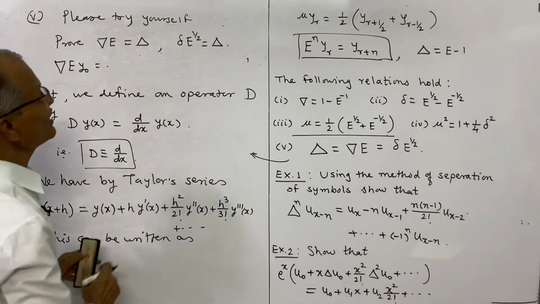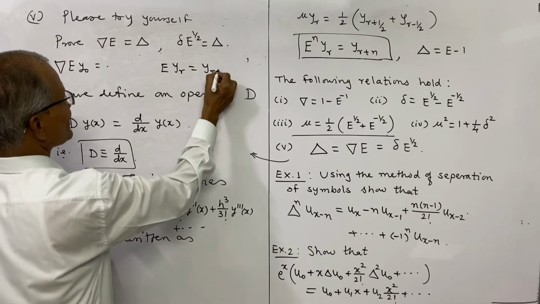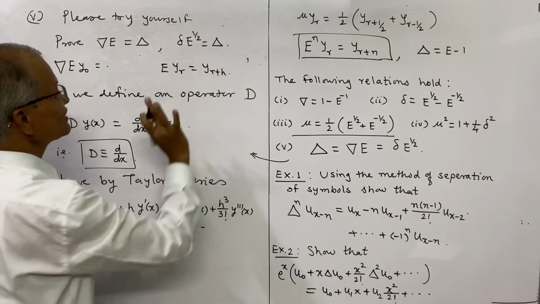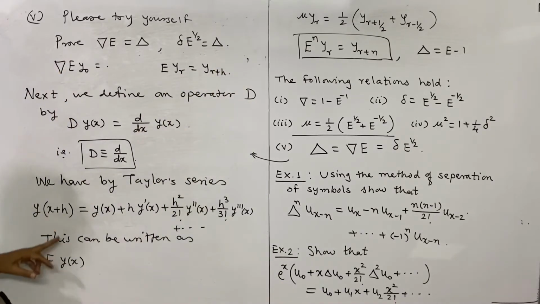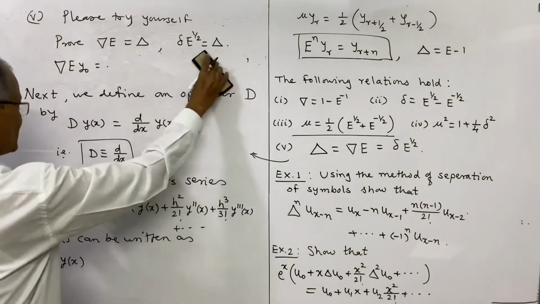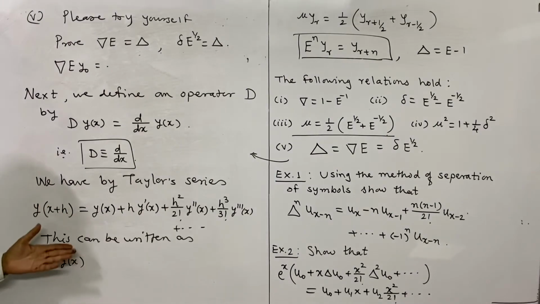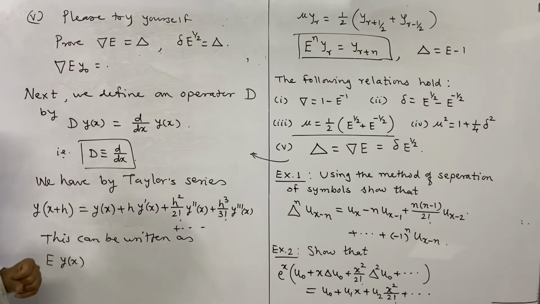So what is the E operator? E of y r is y r plus 1 we have written; here it is h, the difference is h. So therefore E of y r is y r plus h, and that means E of y x is y x plus h. It is the next value.